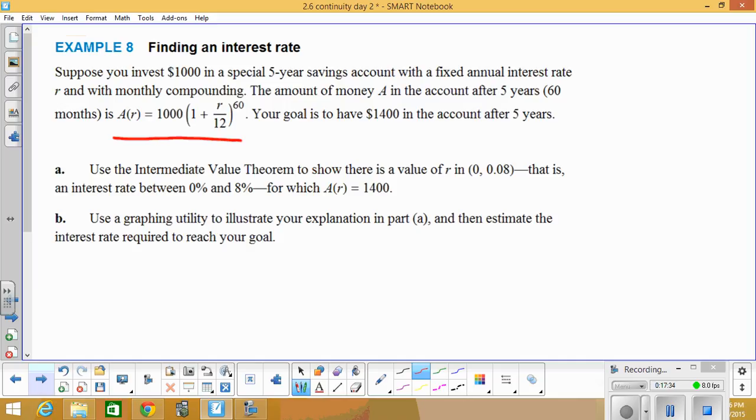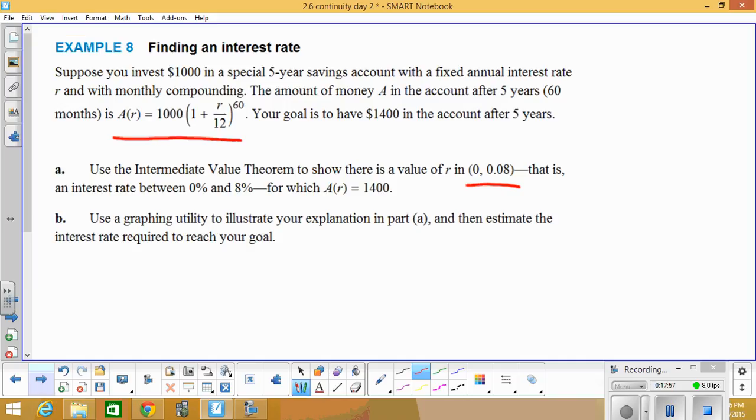Your goal is to have at least $1,400 in the account after 5 years. Use the intermediate value theorem to show that there is a value of R in this open interval, 0 to 0.08, that is an interest rate between 0 and 8%, for which we can find this amount of money.